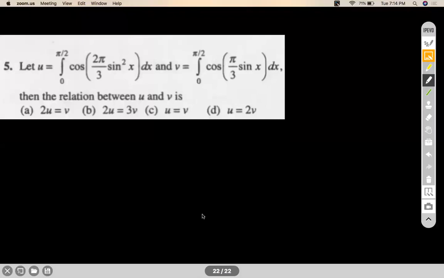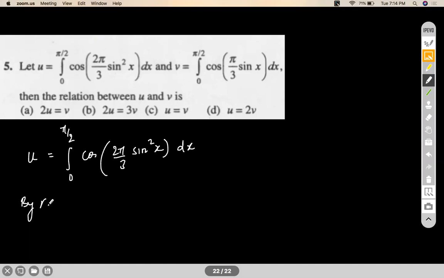Okay. End of poll. Most of you have given the option A to be the right option. Okay, let's check. See, first of all, if you use your King's property, let me start with U. If you apply King's property, let me copy the integral as it is. So by King's property, you can write U as the integral from 0 to pi by 2 of cos of 2 pi by 3 cos square x dx.